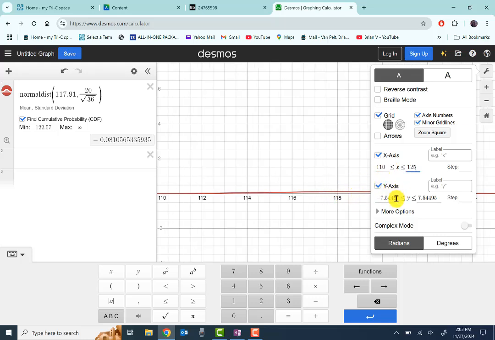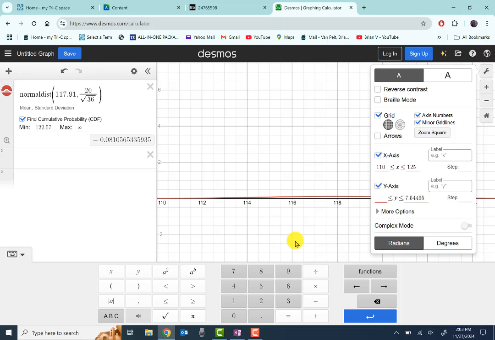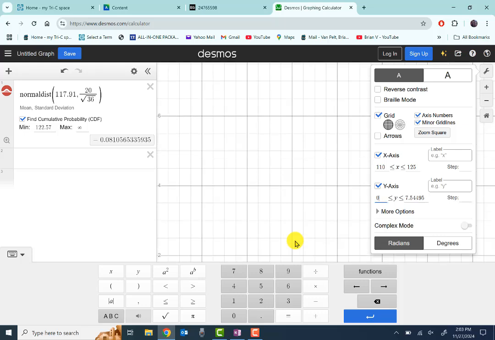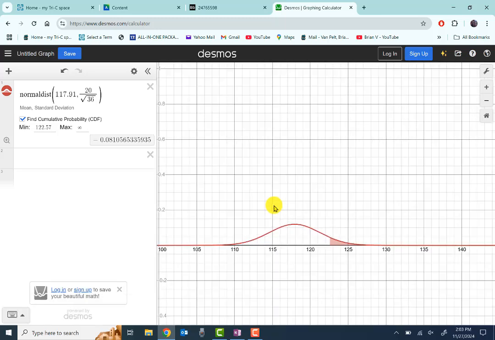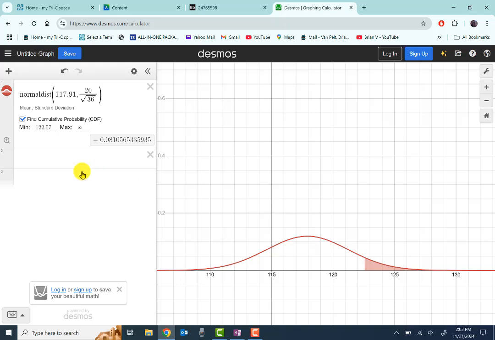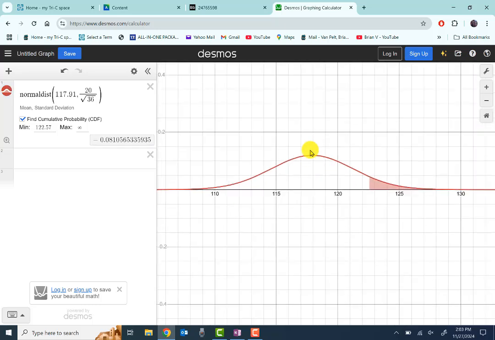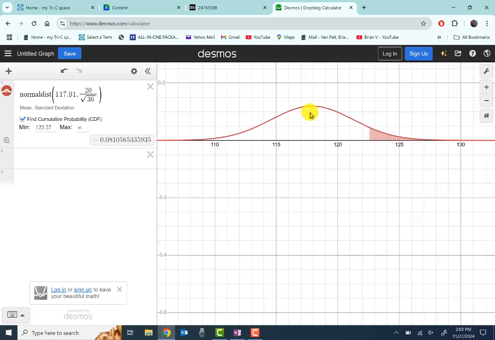Now, the y-axis, it's going to go anywhere from about 0 to maybe 0.5. There we are, right there. So let me move this up a little bit. I would like to move this graph up so I can have everything together on one screen.